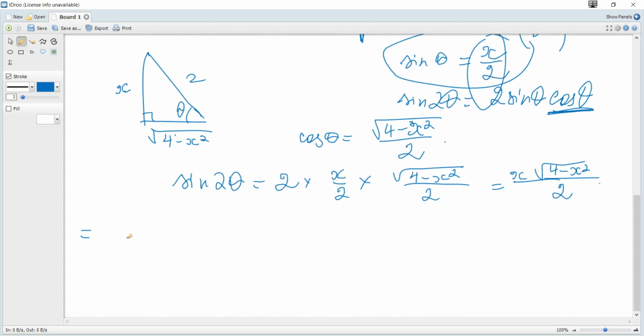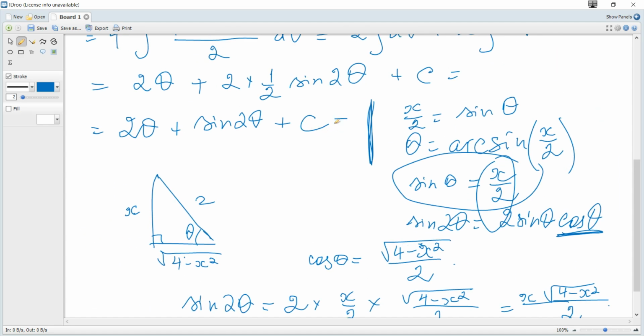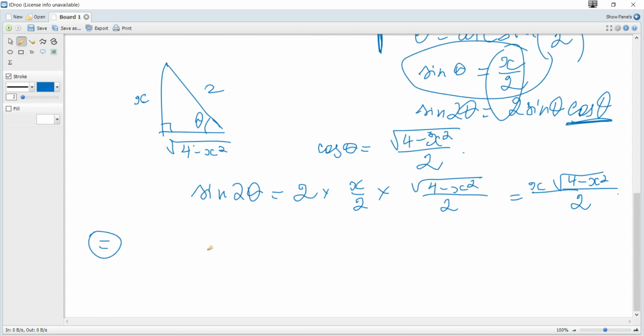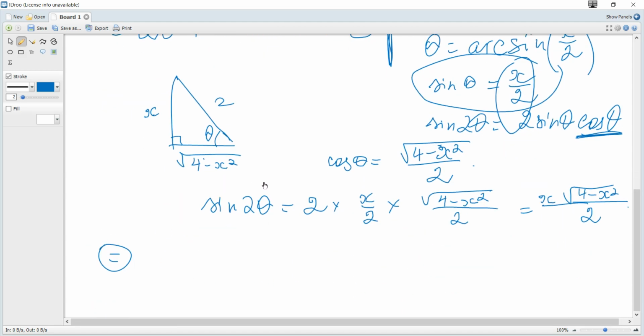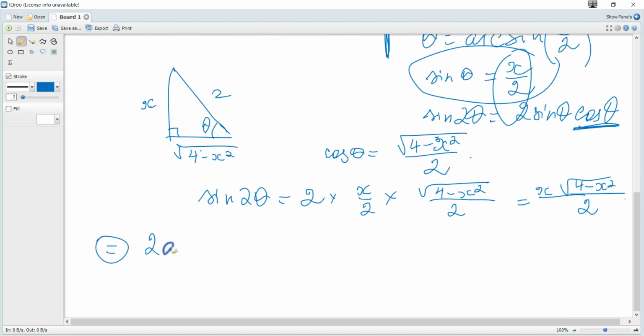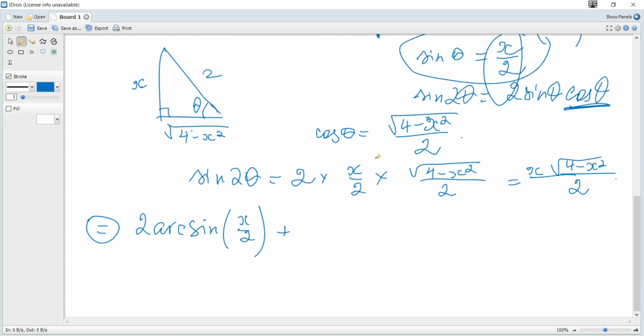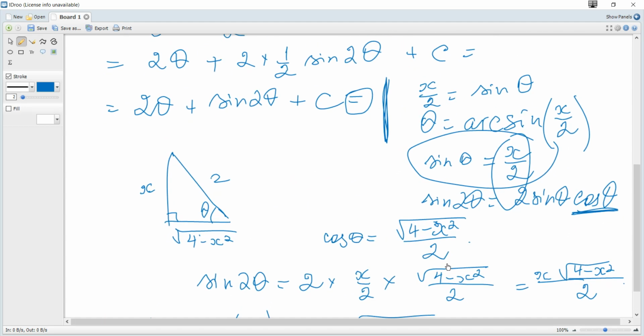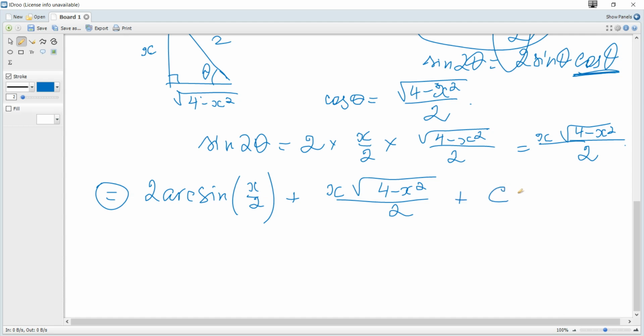So our integral becomes 2 theta, which is 2 arcsine of x over 2, plus sine of 2 theta, which is x root 4 minus x squared over 2, and plus constant.